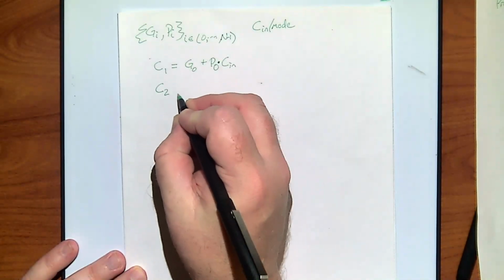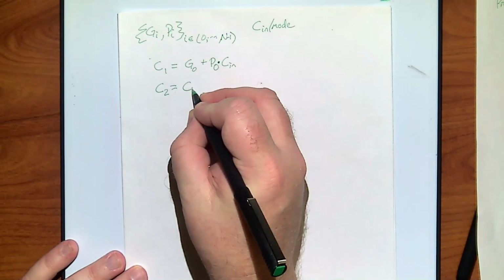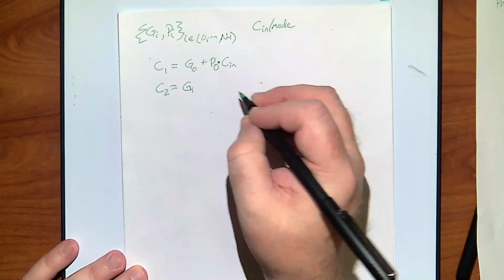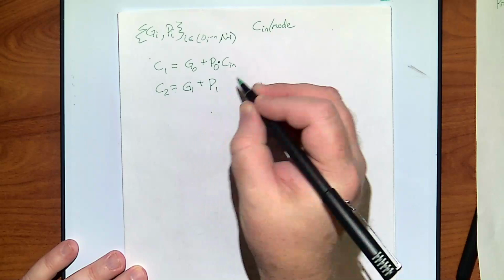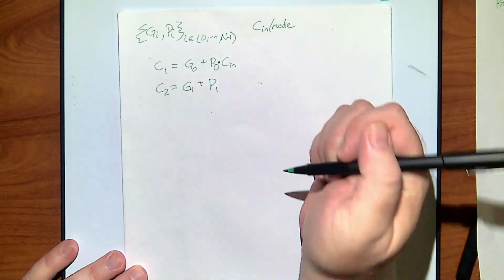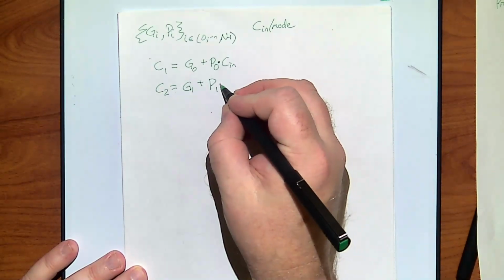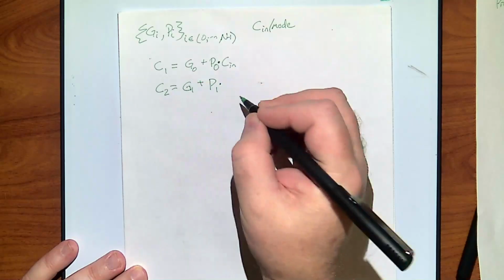So now we go to C2. Well, that is, I could have generated at 1, or I could have propagated at 1, whatever happened at C, right? Because now it's no longer Cn, it's C1.